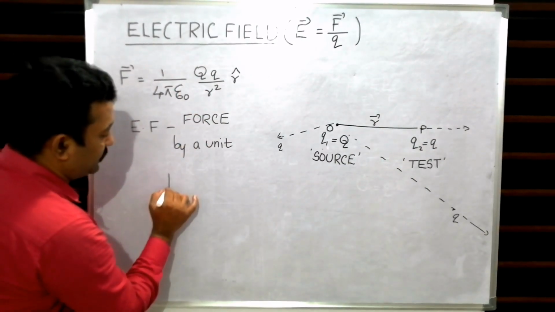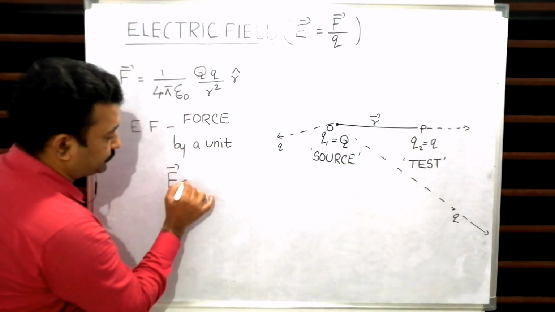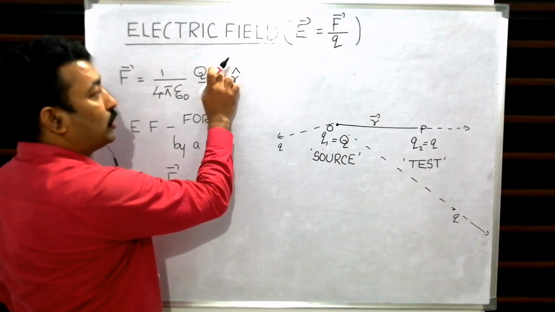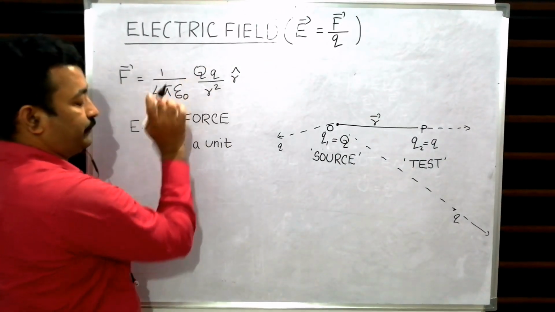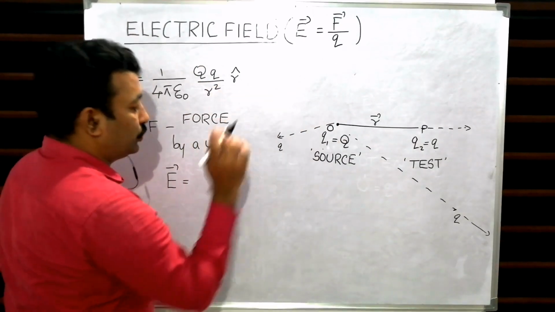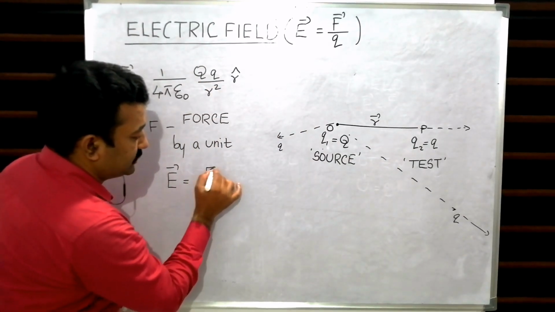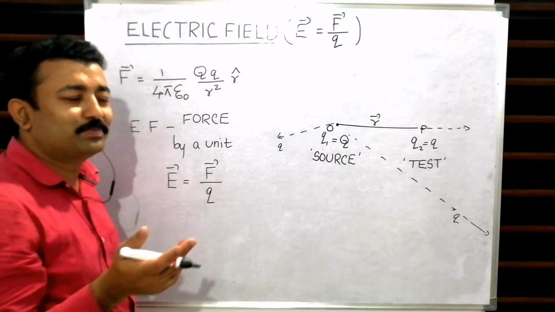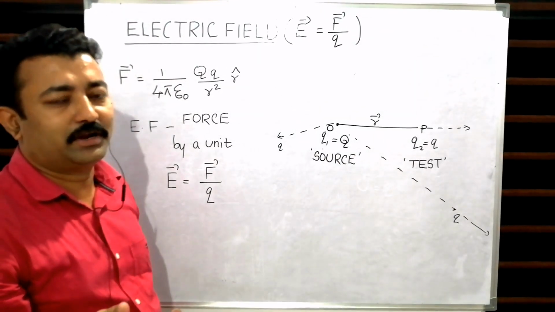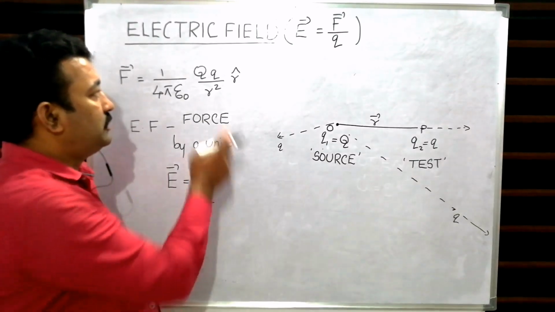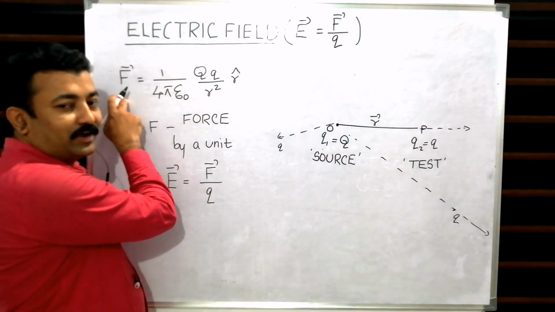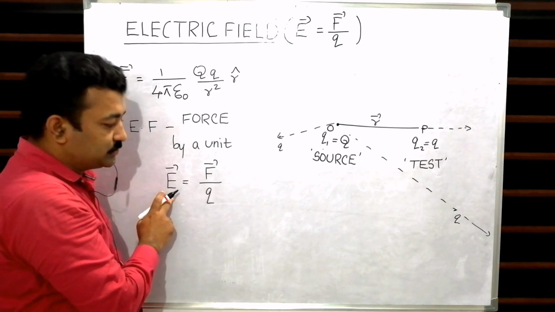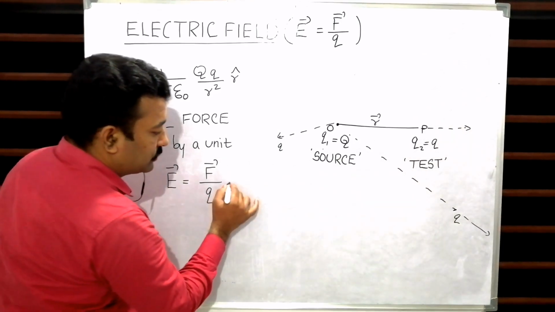The force experienced at the point P when small q is placed is F. So if that is a unit charge, how do we find it? Divide F by q. The problem is very simple, just like our lower primary classes problem. If 10 mangoes cost F value, what is the cost of 1 mango? This is very similar to that.